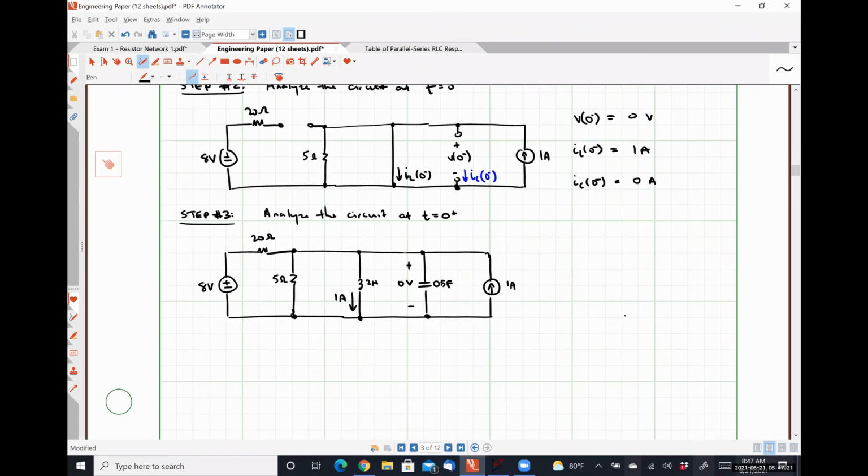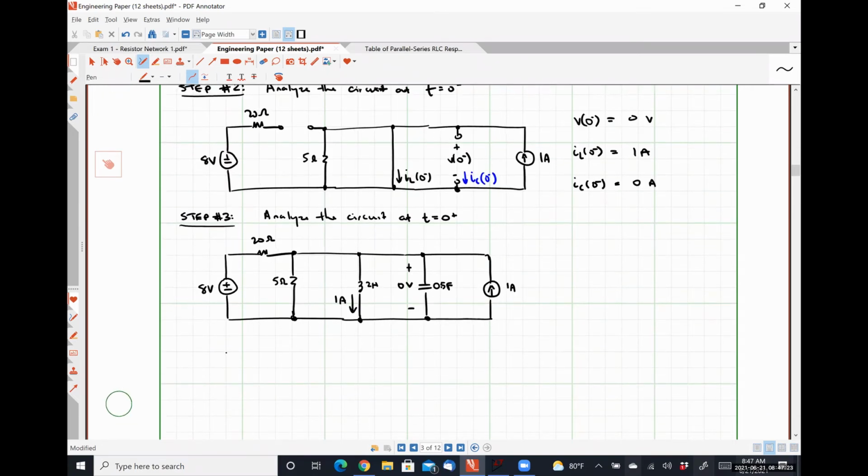I like to represent this by changing my capacitors into voltage sources and my inductors into current sources, because that is exactly how they were behaving at this particular instant in time. They have a fixed amount of voltage. My capacitor has a fixed voltage, and it doesn't matter how much current flows through it.